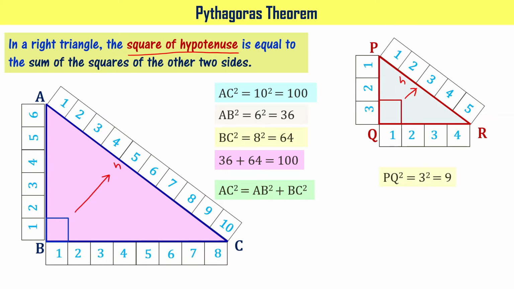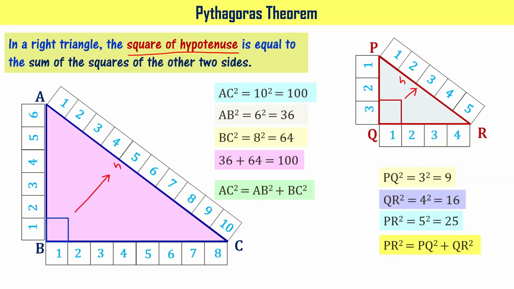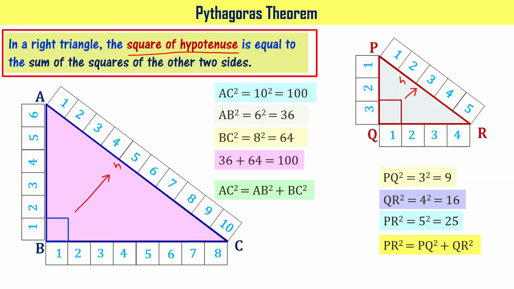PQ square is 9 square units, QR square is 16 square units, and PR square is 25. So I can now say that 9 plus 16 equal to 25. That's why PR square equal to PQ square plus QR square, right? So based on these two examples, in a right angle triangle, the square of hypotenuse is equal to the sum of the squares of other two sides, right?